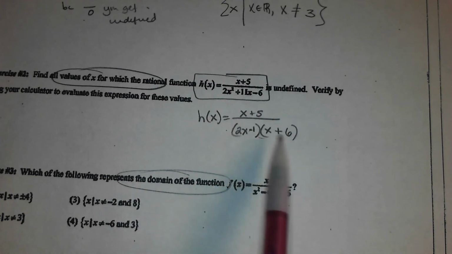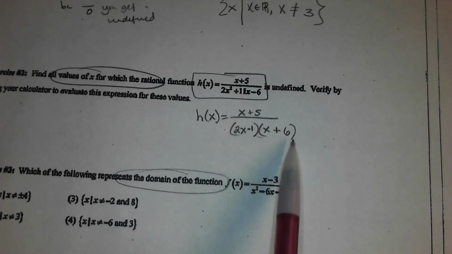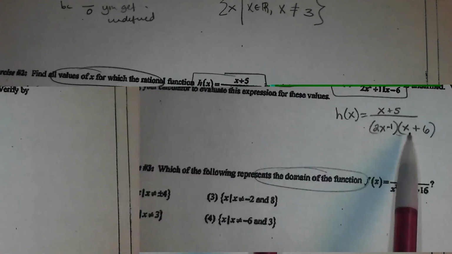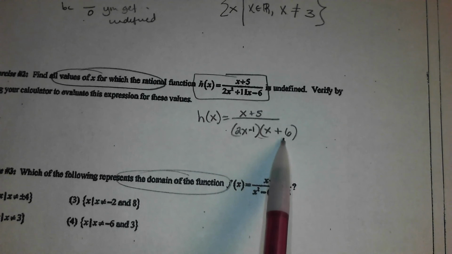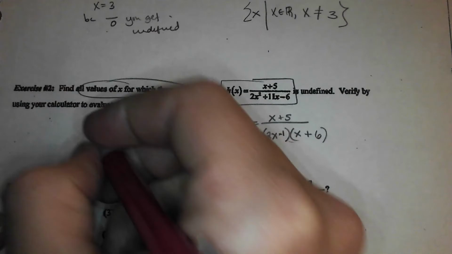Look at your two factors. Focus on this one, and I'm just going to do that one because it's the easier of the two. Negative 6. Exactly. So negative 6 would make this thing undefined.